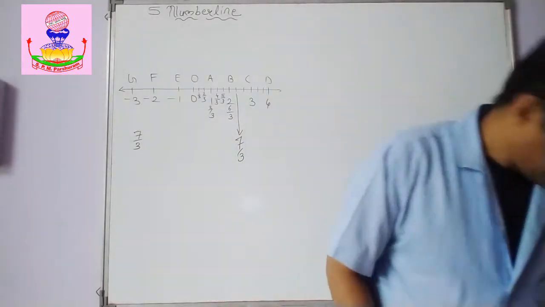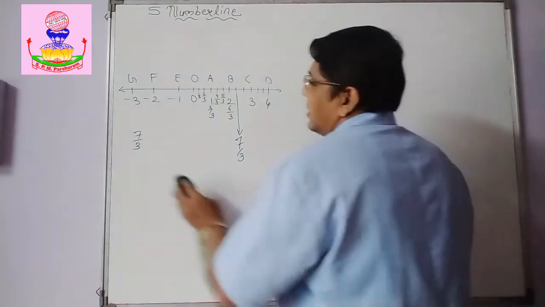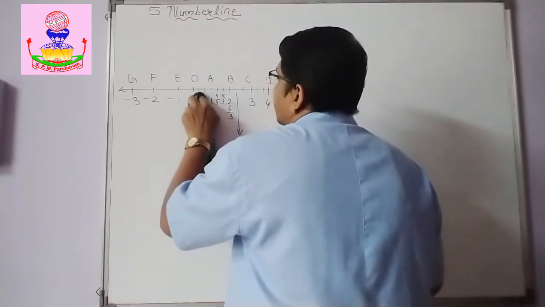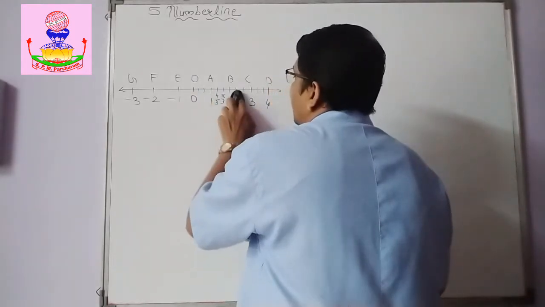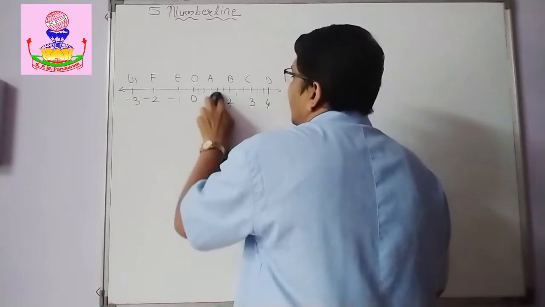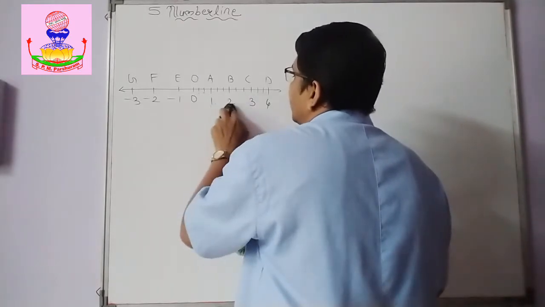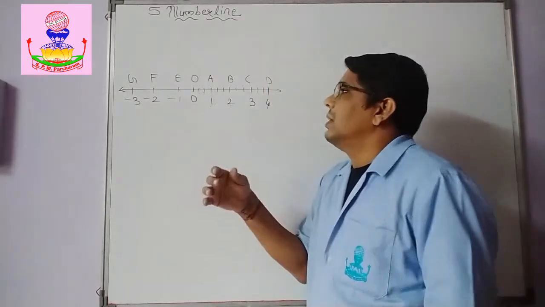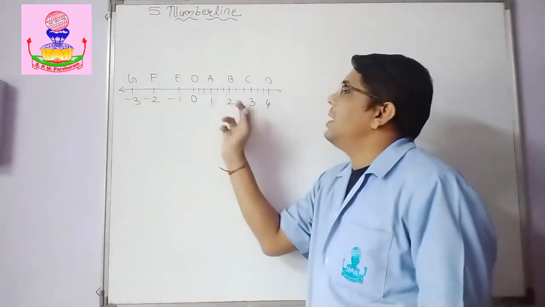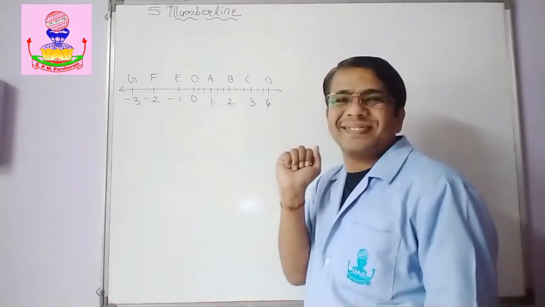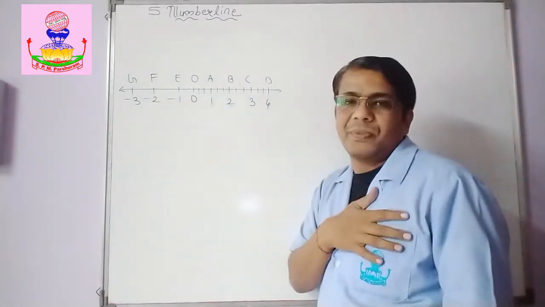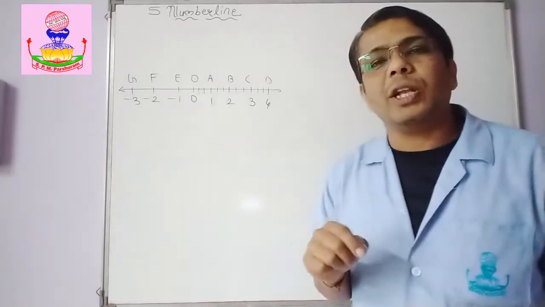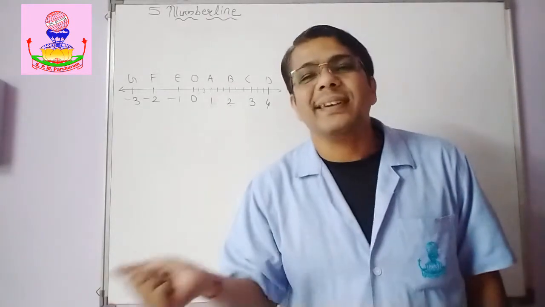Then suppose I want to find the distance between two coordinates. Now I am rubbing this. Just our original number line I am bringing here. If I want to find the distance between B and E, how to find it? In that case, subtract the smaller coordinate from the greater coordinate.